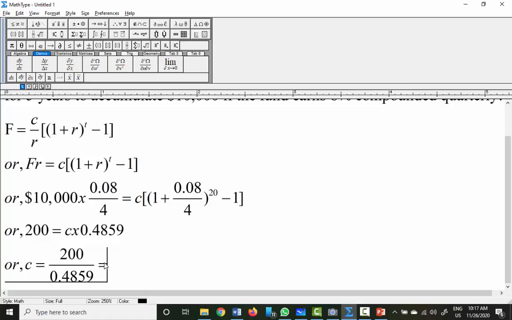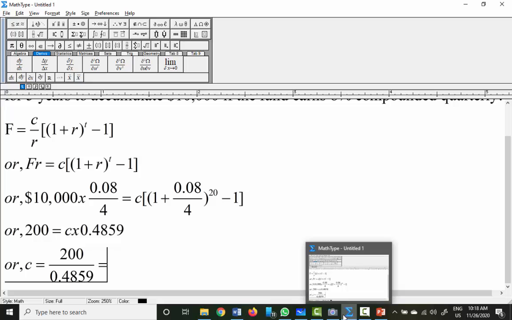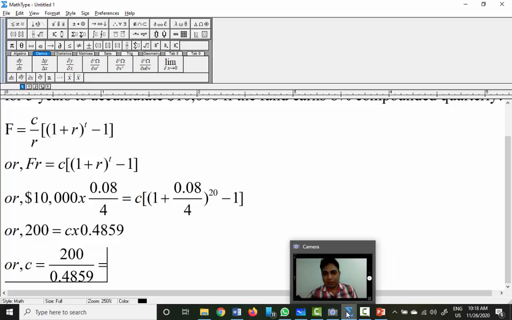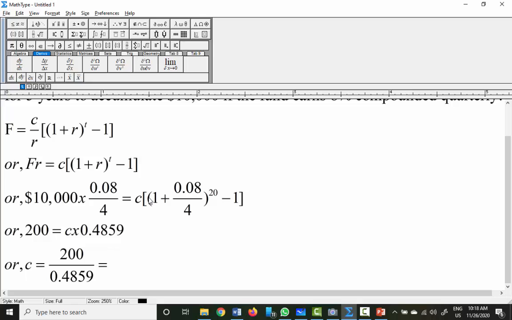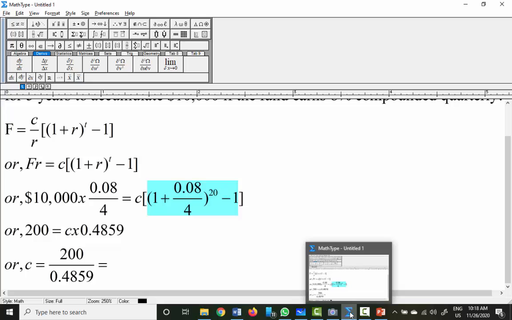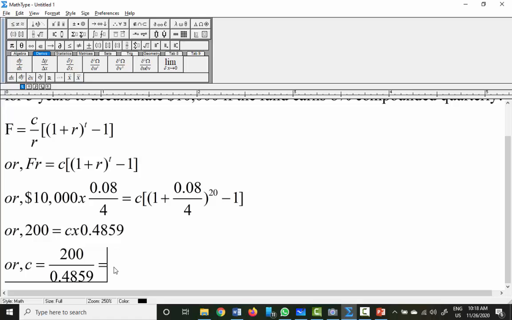So if you calculate it, 200 divided by, you can press the answer button, because whatever we get from this calculation is already in the answer. So if you press the answer button, the answer will be what?